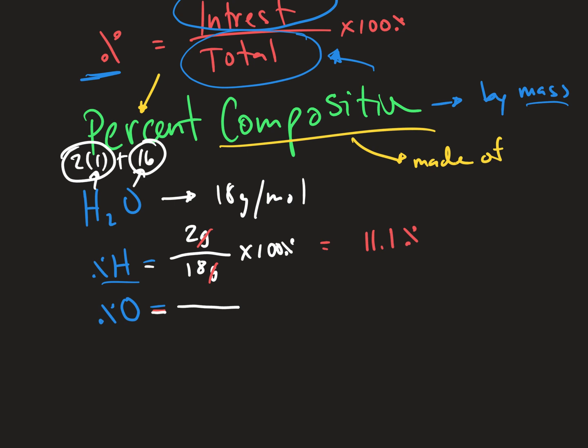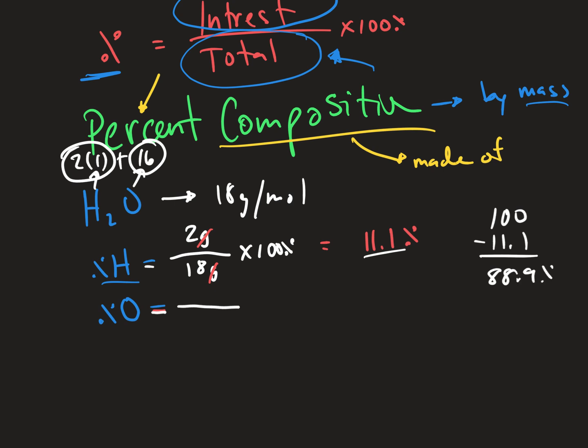You guys understand what Vitter says? Since we have two elements here, if 11.1% is hydrogen, then to find oxygen is 100 subtract 11.1. Right? Which is 88.9%. If you round it up, yes.